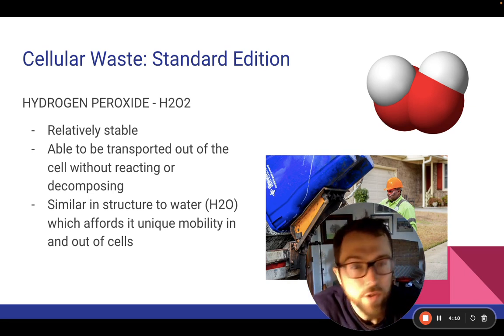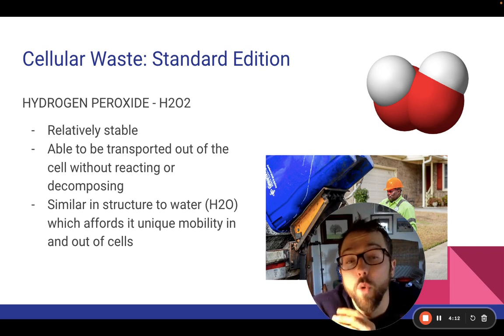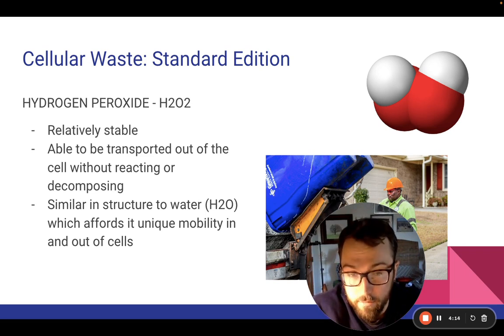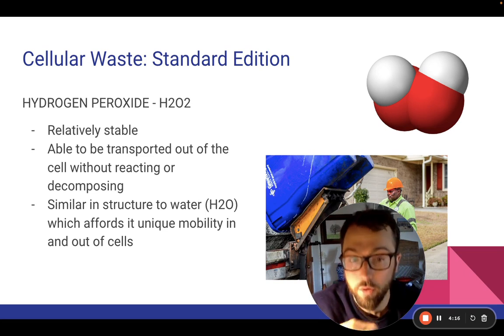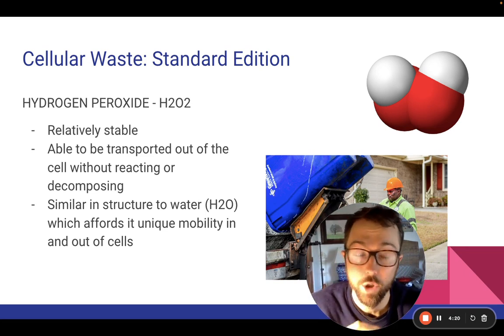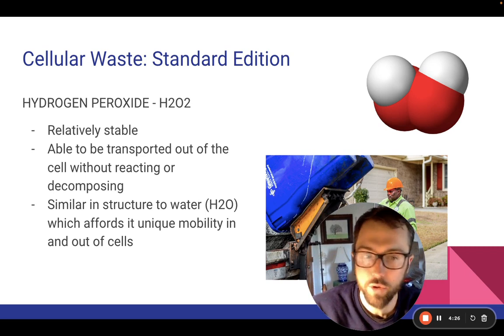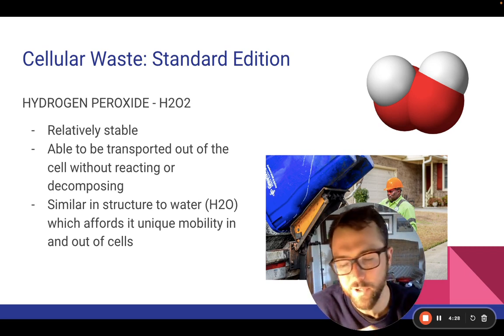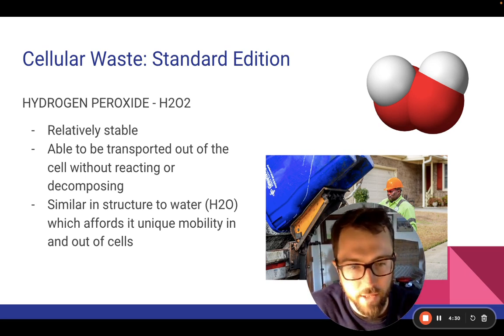So what does ROS look like? Now, for most cells, the typical preferred ROS is going to be hydrogen peroxide, H2O2. You'll see hydrogen peroxide and H2O2 used interchangeably throughout the rest of the episode. They both mean hydrogen peroxide.